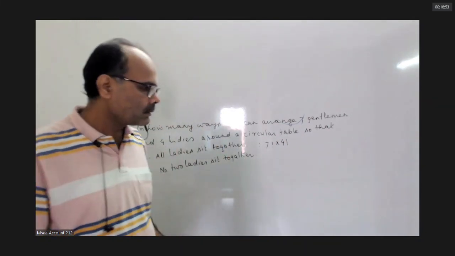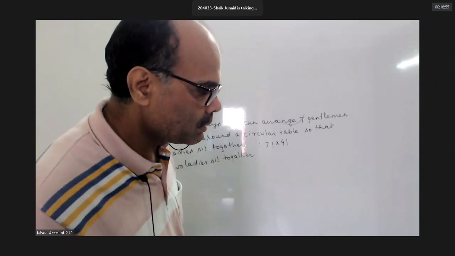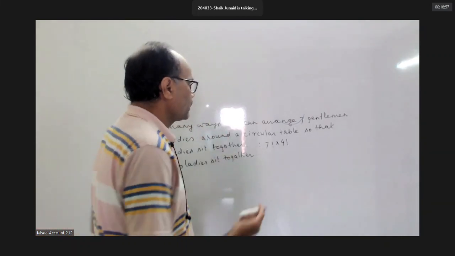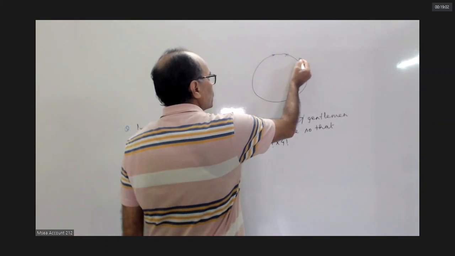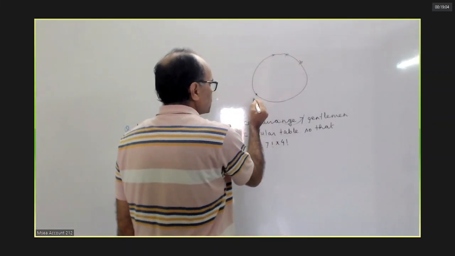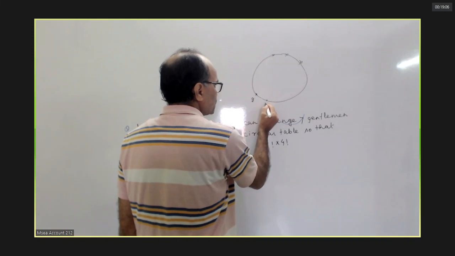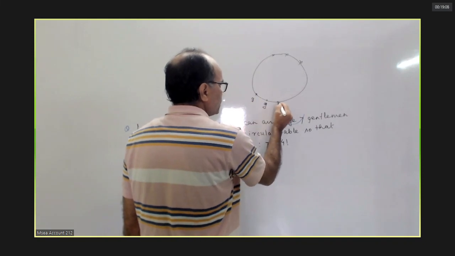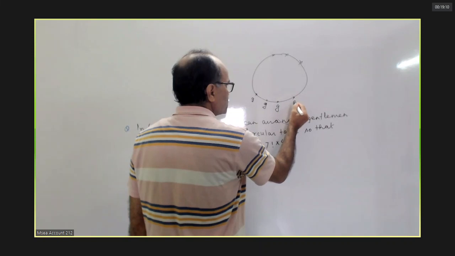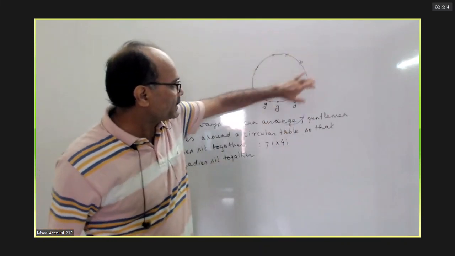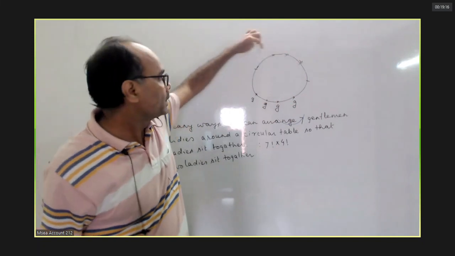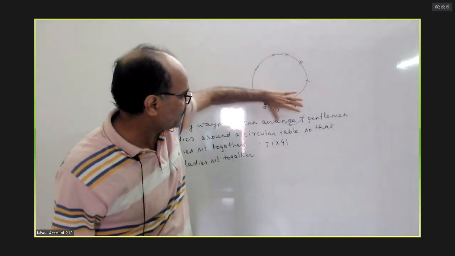Sir, how can we understand when they will be arranged linearly or in a circular way? These are girls, G, G, G, G. Here, boys. Okay. Now corresponding to every arrangement, 7 boys and 4 girls, girls are together.